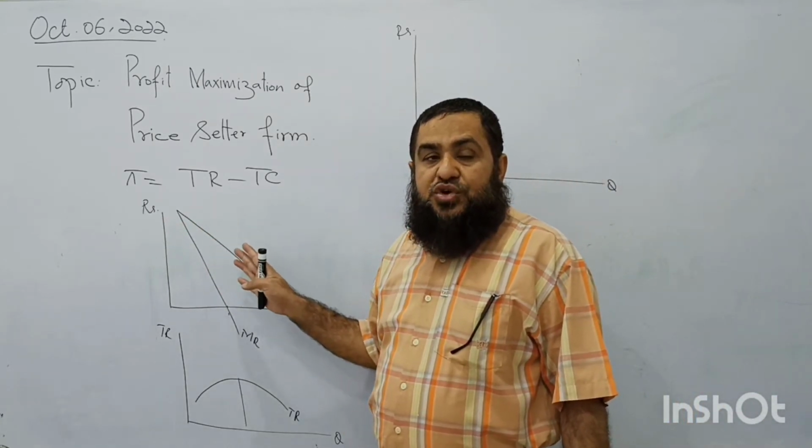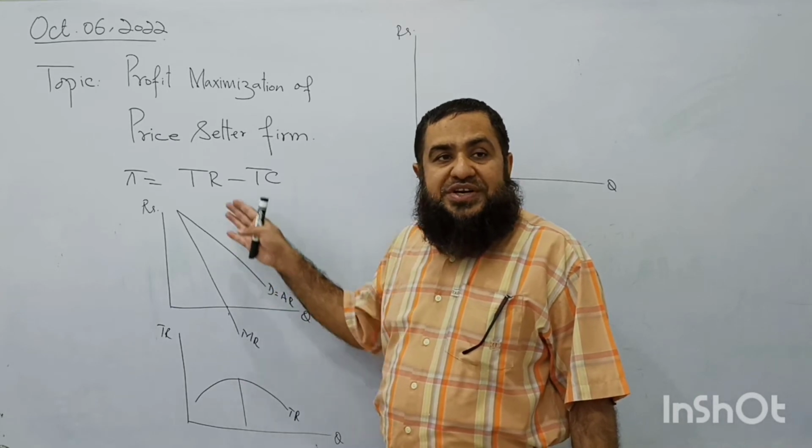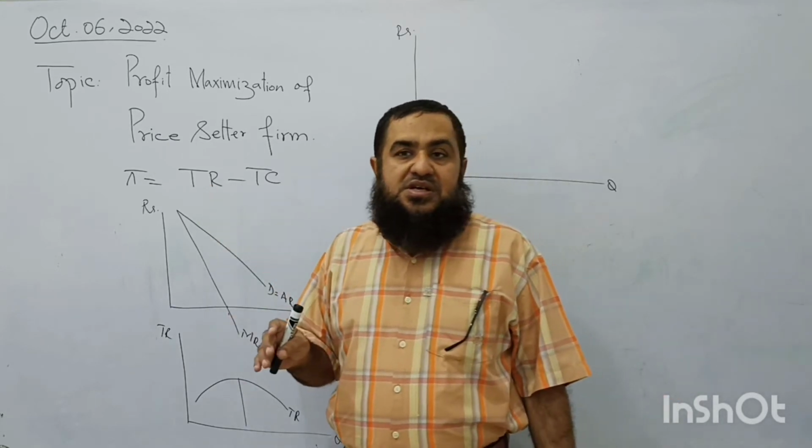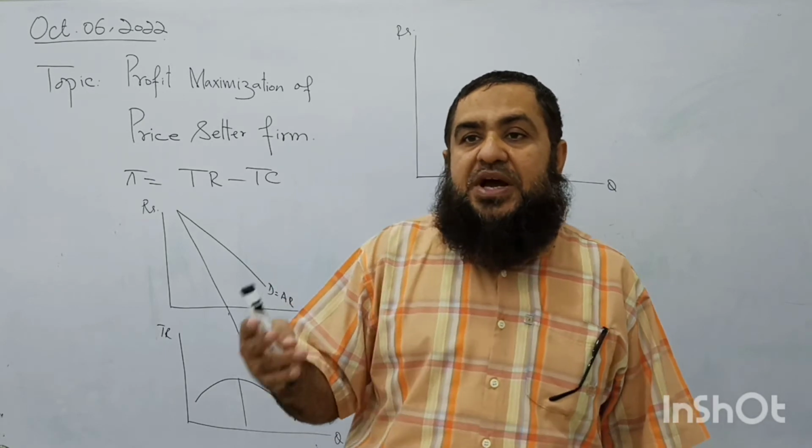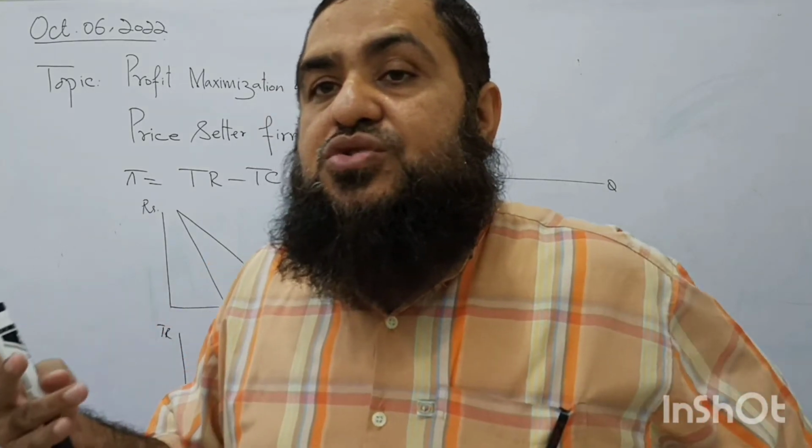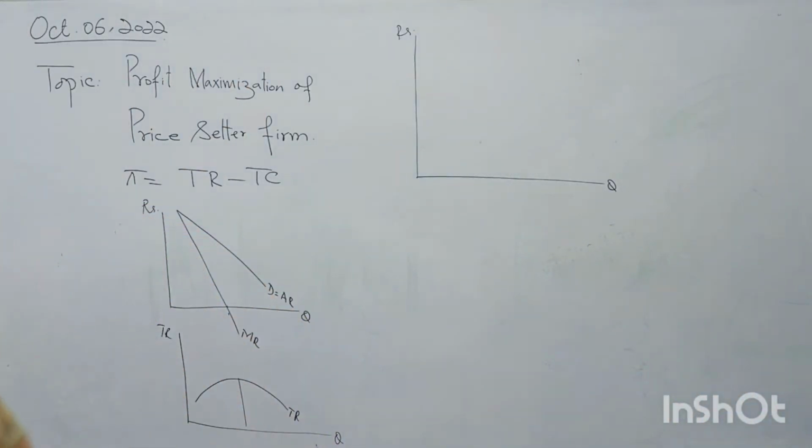If it wants to increase the quantity sold, it has to decrease the price. If it increases price, quantity demanded or quantity sold will decrease, because along the demand curve, price and quantity move in opposite directions. So it can set the price but not the quantity at the same time. Clear? One of them, either price or quantity, it can set.